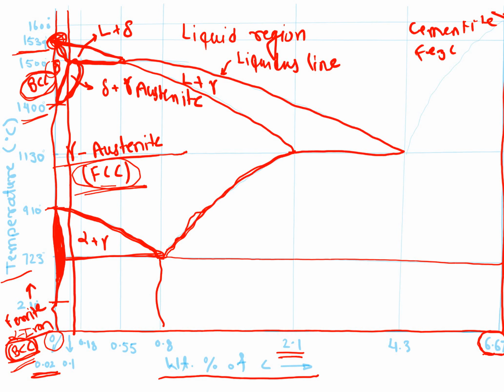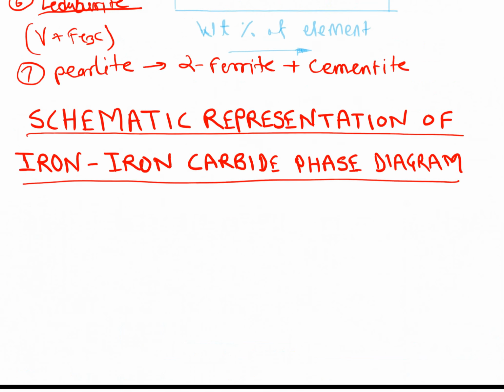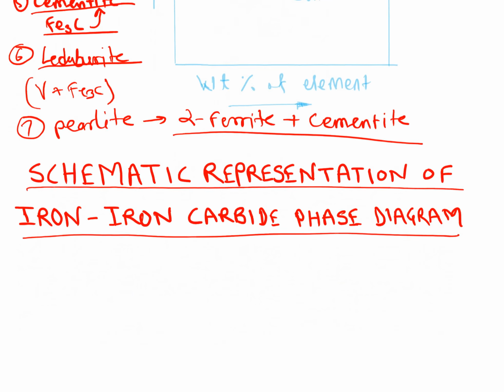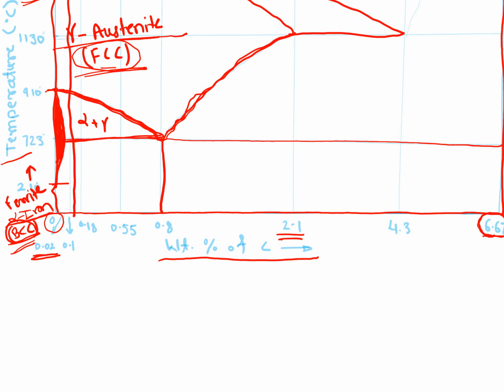Now for this region, sorry, I will try one more time. This region. Here alpha and gamma austenite are there, but at room temperature it will form a compound we call perlite. What is perlite? It is alpha ferrite plus cementite.